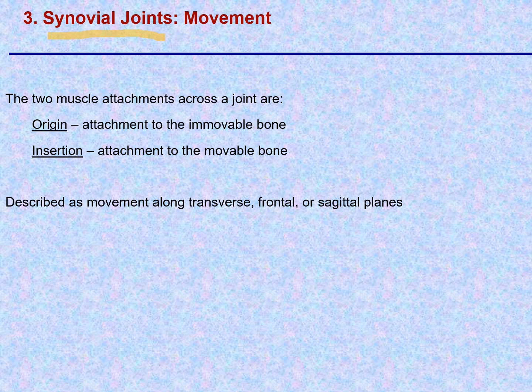For example, at the elbow, the lower arm is the movable bone and the upper arm is the immovable bone. So the point of attachment of a muscle to the immovable bone is called the origin, and the point of attachment to the movable bone is the insertion point.